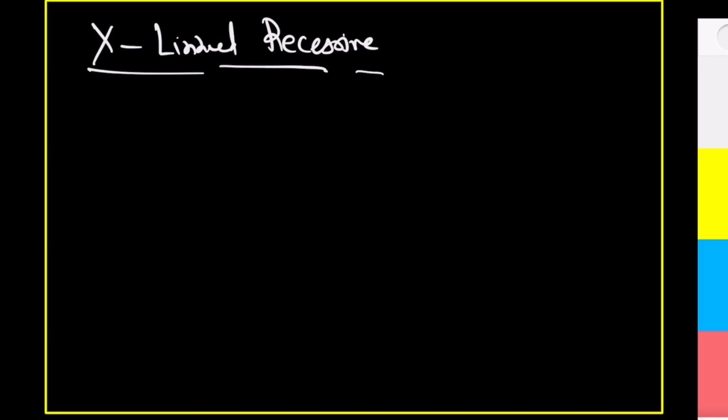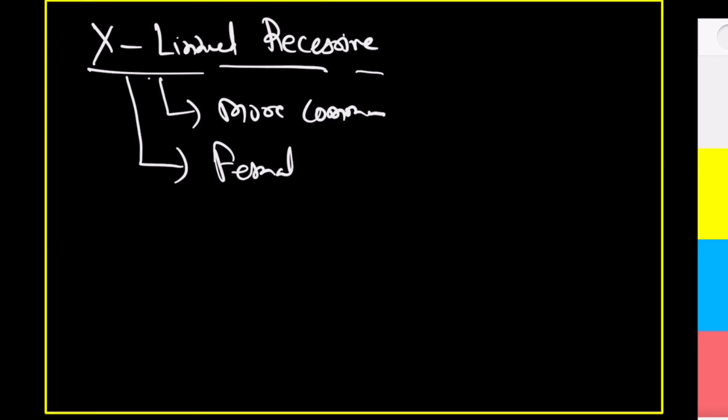Next, let's see the case of X-linked recessive inheritance. Here I just want to tell you this type of inheritance is more common. Why?